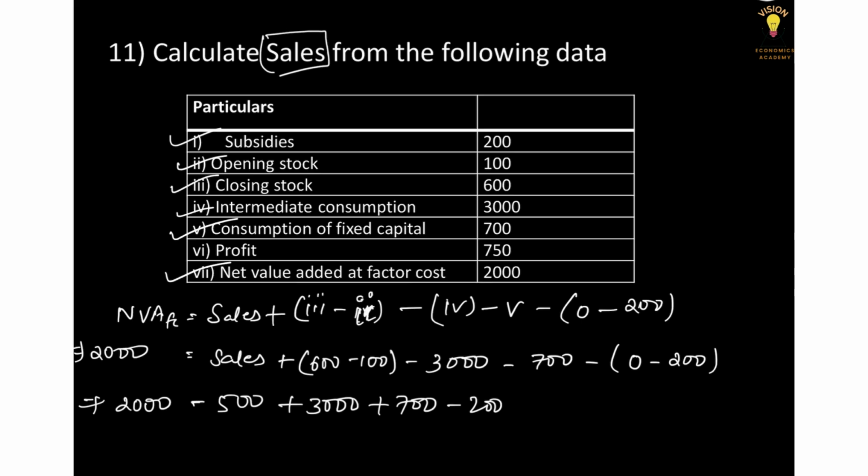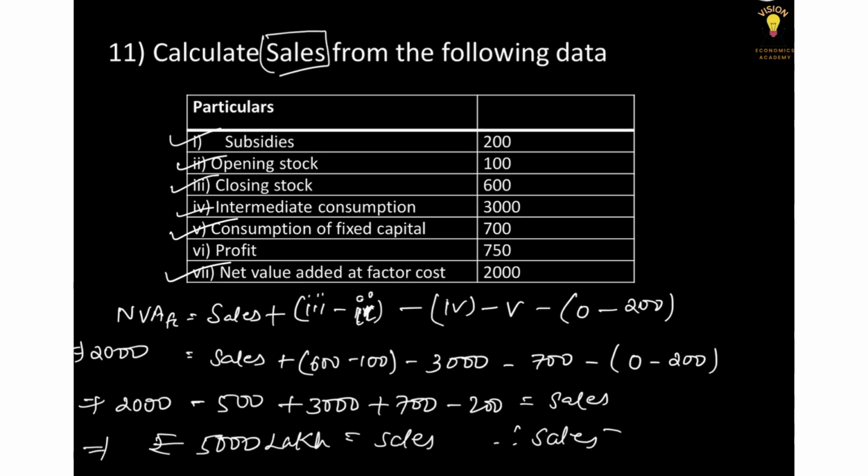So minus into minus becomes plus, and if it goes to the other side, it becomes minus again. Then if we add and subtract all these numbers, we'll get 5,000 equals sales. So therefore, sales equals rupees 50 lakh, sorry, 50,000 rupees.